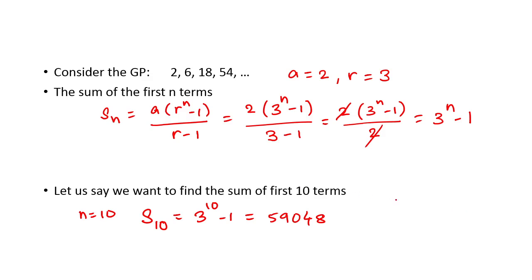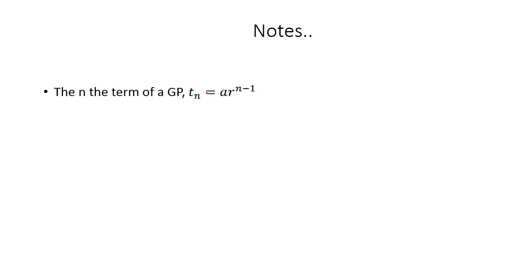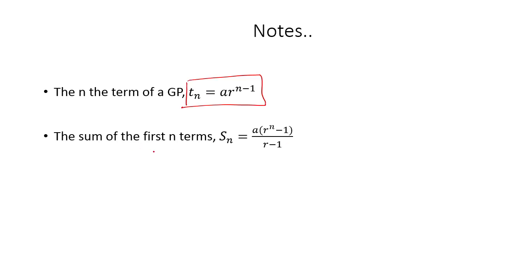Note that so far for a geometric progression, what we know is that the nth term is given by this form a into r raised to n minus 1. The sum of the first n terms Sn is given by this formula a into r raised to n minus 1 upon r minus 1, and we know that Sn minus Sn minus 1 is Tn.